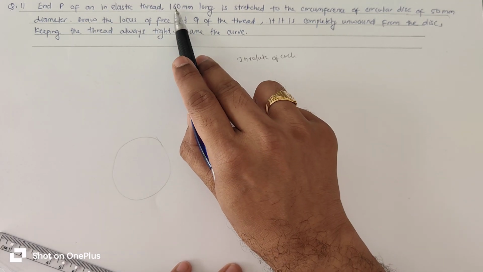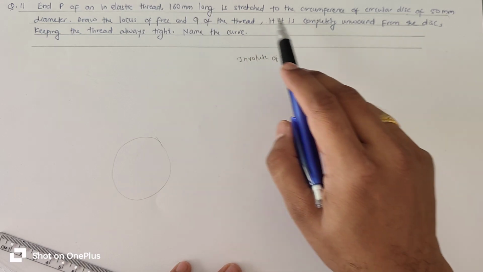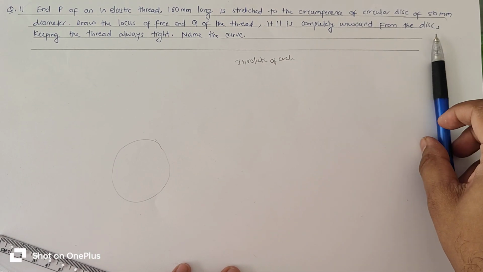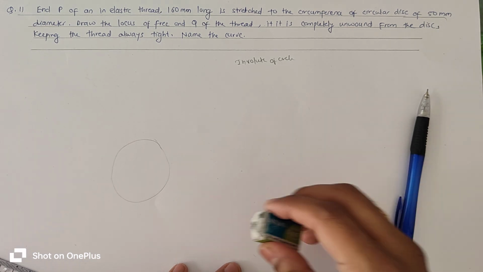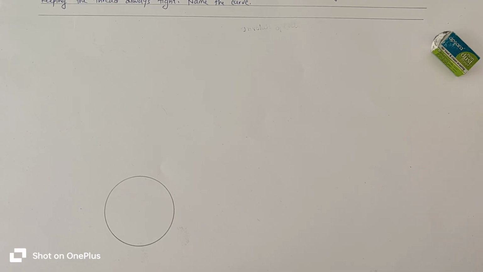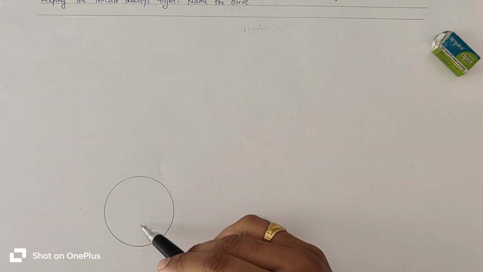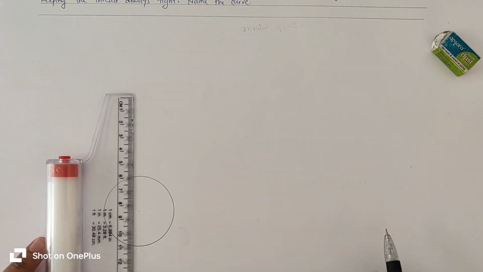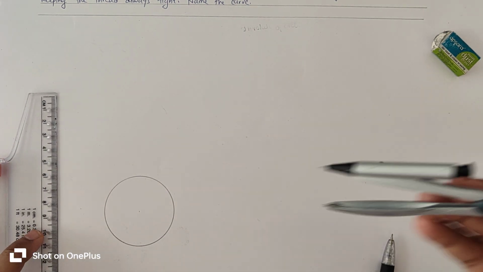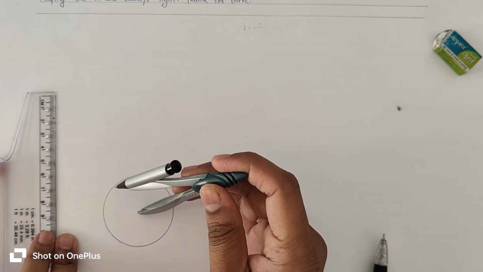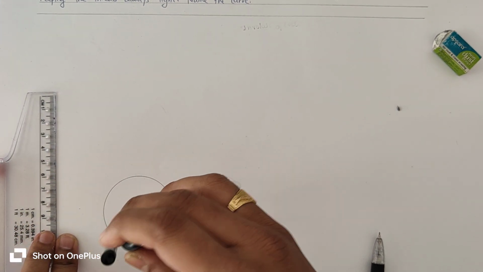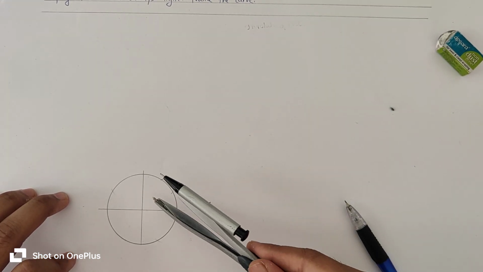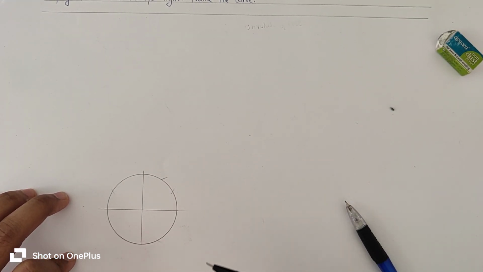Here the total length, 160 mm, is given, and the diameter of the circular disc, 50 mm, is given. So we will draw a circle of 50 mm diameter. Then divide this circle into 12 equal parts. For that, first draw the vertical diameter and horizontal diameter.